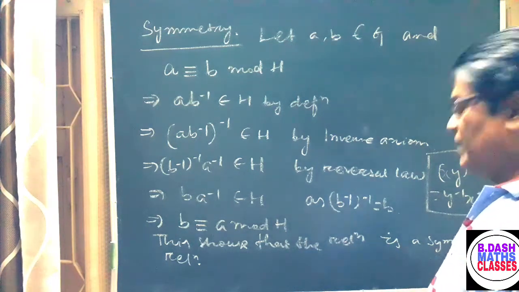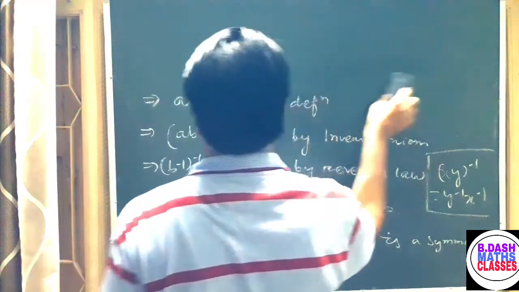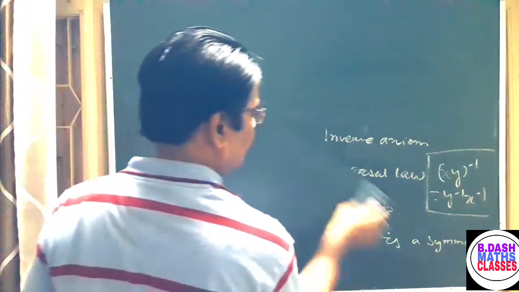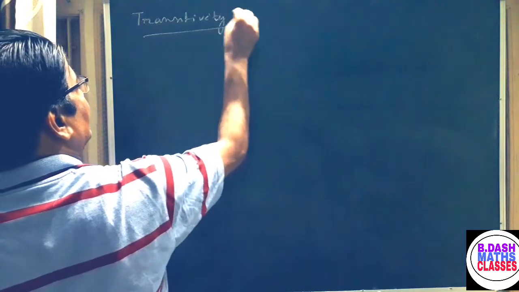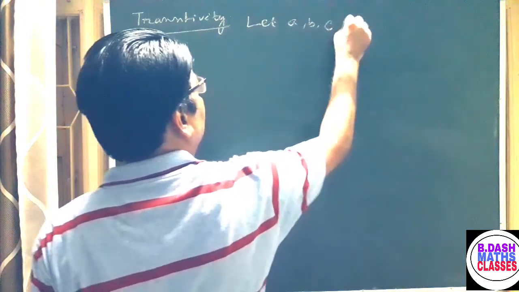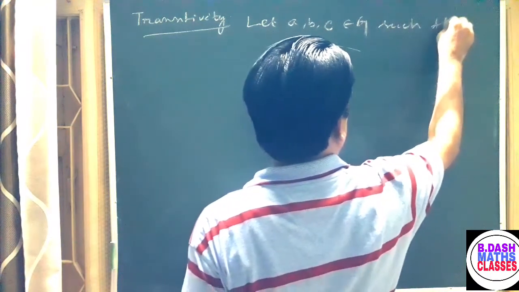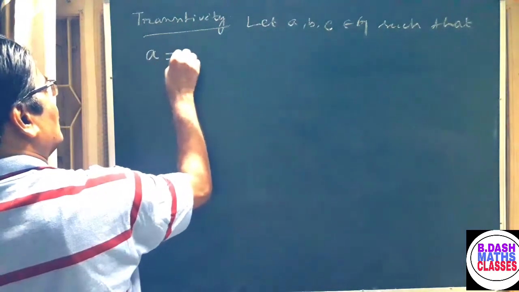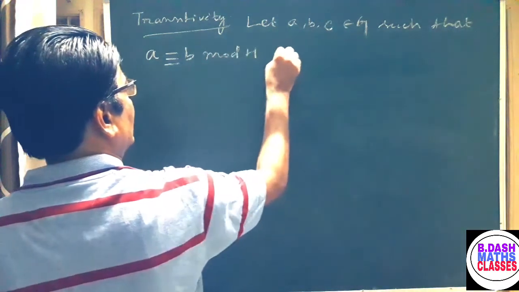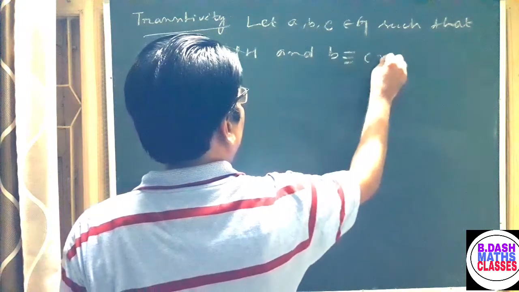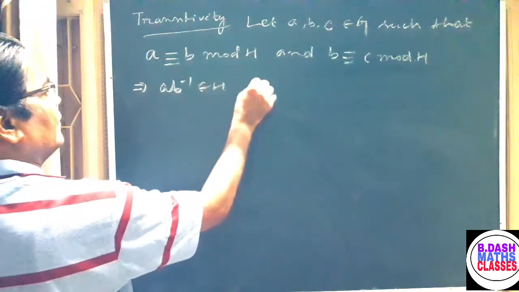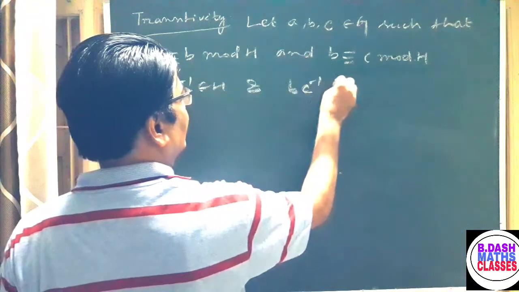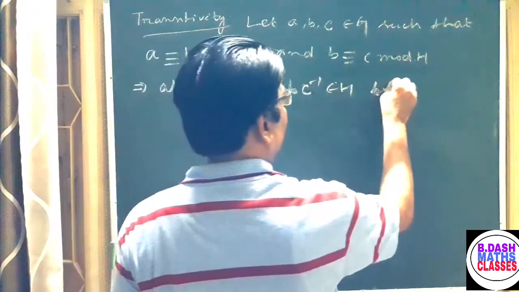Now let us proceed to transitivity. Let a, b, c belong to G such that a congruent to b mod H and b congruent to c mod H. This implies a b inverse belongs to H and b c inverse belongs to H by definition.